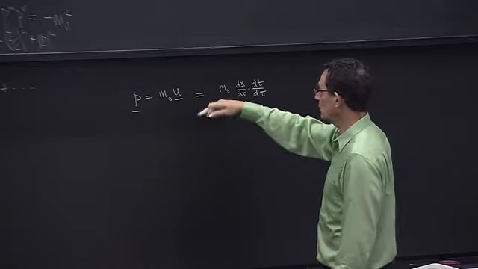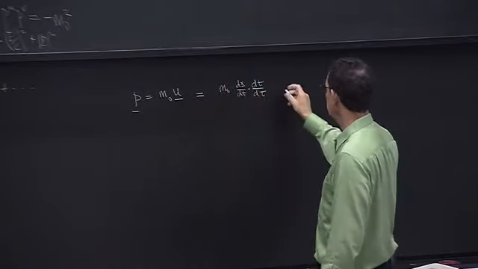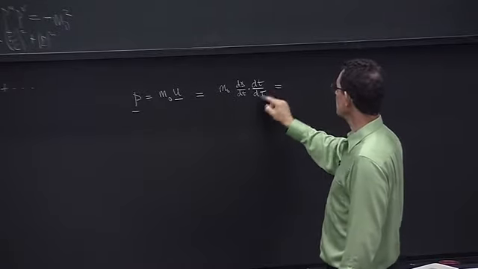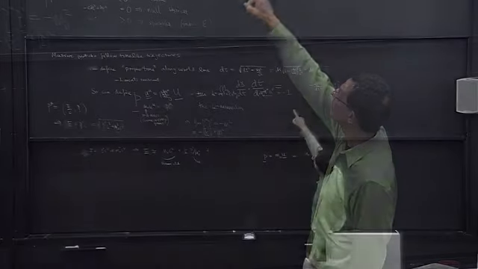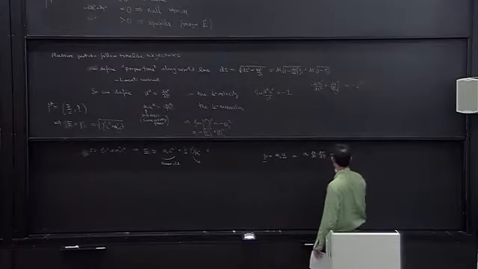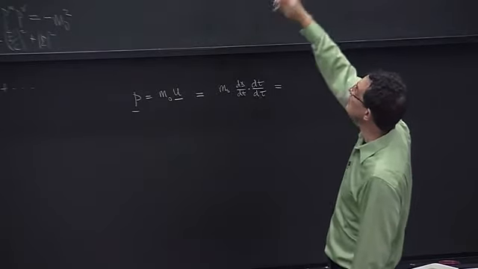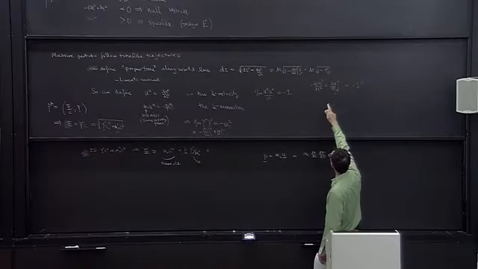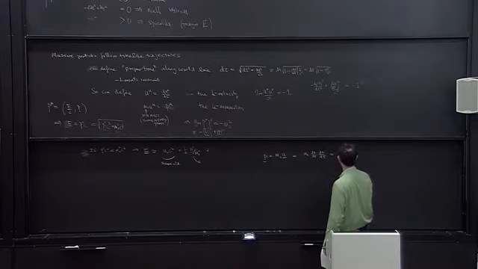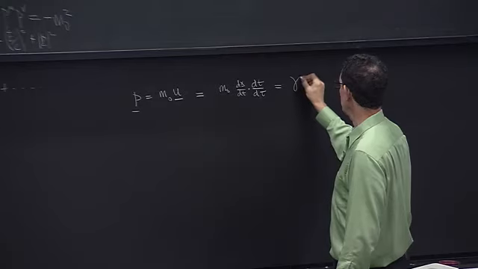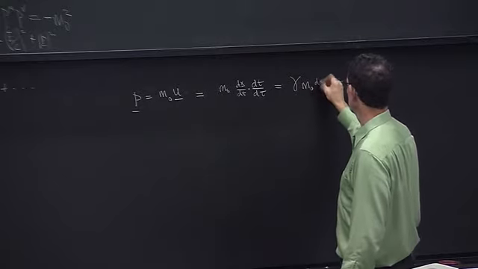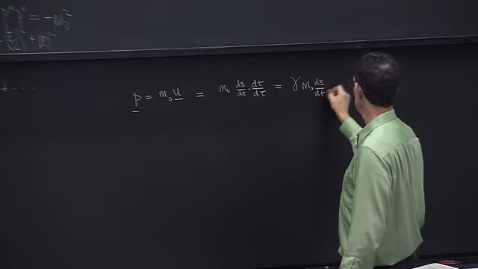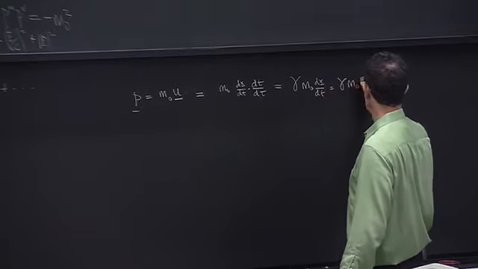Okay, because the spatial components are dx/d tau. But the tau we have over there in terms of v. Okay, so dt/d tau is that gamma factor. So that's gamma m naught dx/dt, which is gamma m naught v.